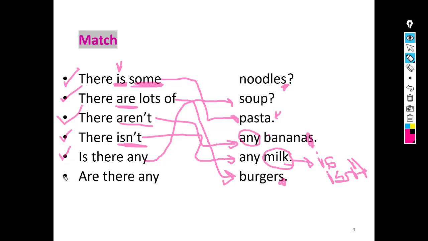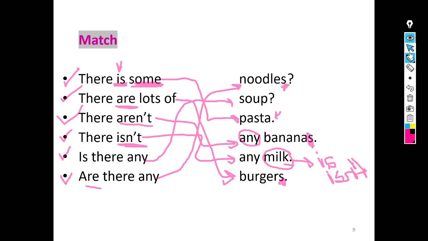And look at the other question form. Are there any noodles? Why do we use this? Yes, you say, last one, it is so simple, teacher. But okay, look, "are". Is it plural? Yes. Noodles. Is it plural? Yes. Is it a question? Yes. Is it a question mark? Yes. So we can match it.